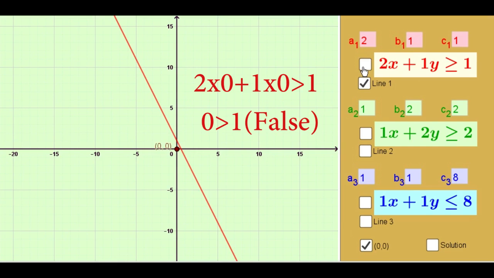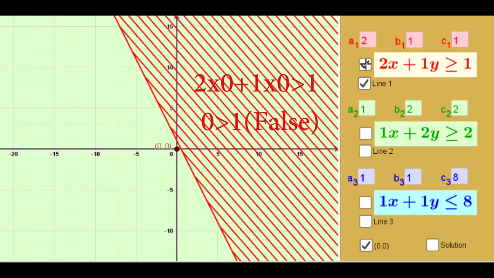Because the result is false for (0, 0), the shading will not come on the side which contains (0, 0). Therefore, you have to shade the region on the other side of the line, which does not contain the point (0, 0). Now we observe the shading. It is given in red color.